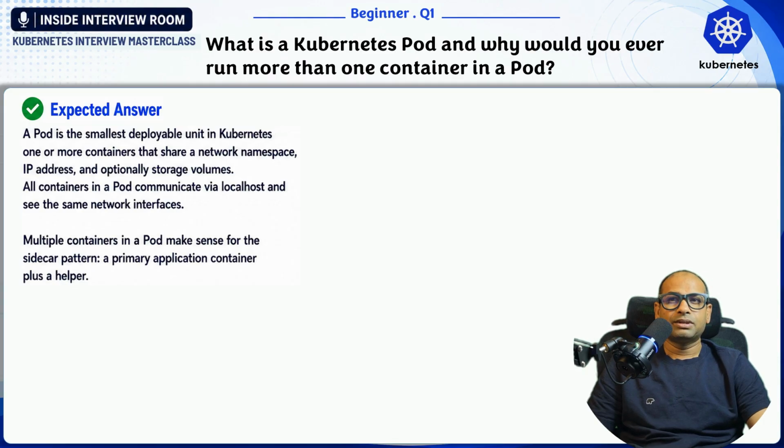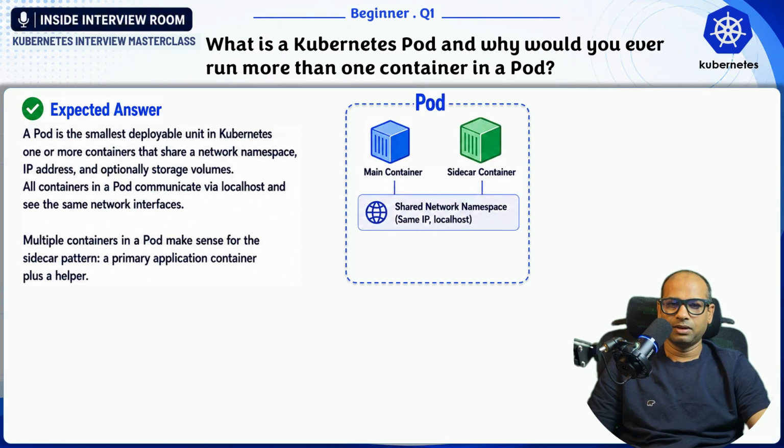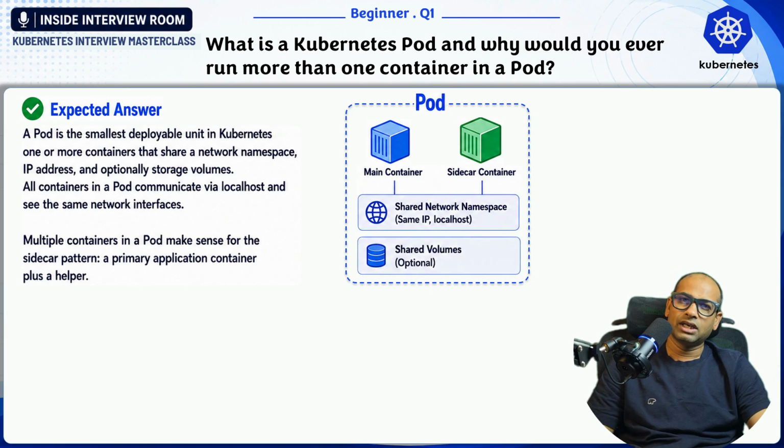Why do we keep multiple containers in one pod? Multiple containers in a pod make sense for the sidecar pattern, a primary application container plus a helper. So you add the main container and the sidecar container, with shared network namespace, IPs, localhost, and shared volumes, which is optional.